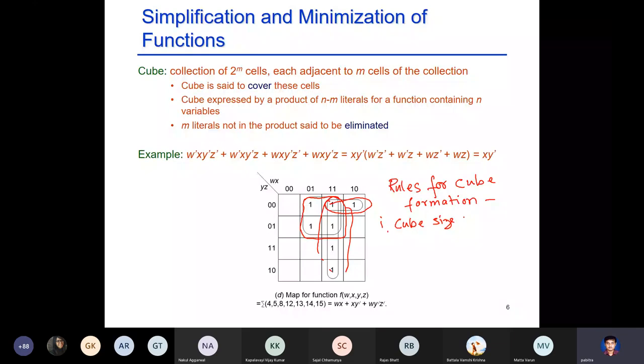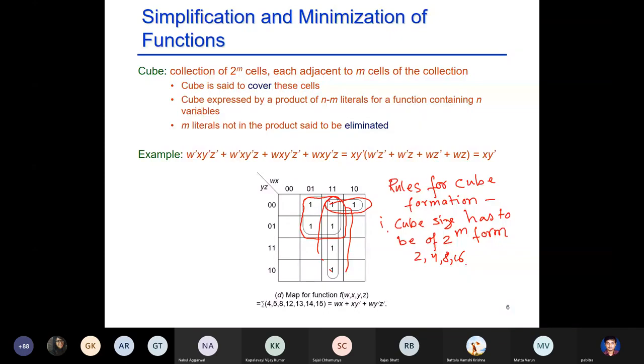Otherwise, it is not a valid cubing, not a valid cover. So in this example, you see that all the true minterms are covered by at least 1 cube. Some of the minterms are covered by more than 1 cube, but that is fine.